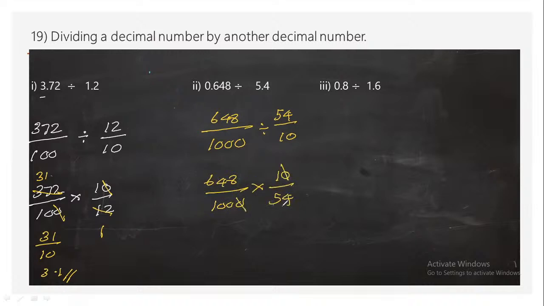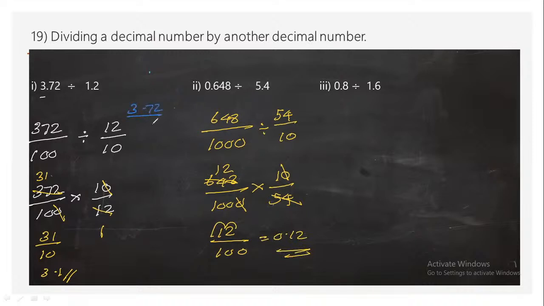Cancel out this 0 and this 0. 648 divided by 54, that is 12. 12 divided by 100. So how many decimal places move on this side? 0.12.